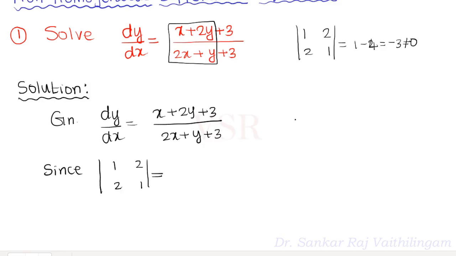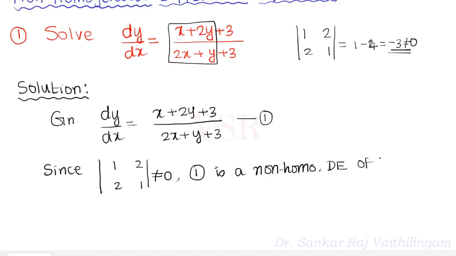Be careful: the x and y coefficients should be written in the correct places. The matrix is 1, 2, 2, 1, and the determinant is minus 3, which is not equal to 0. So this is a non-homogeneous differential equation of type 1.